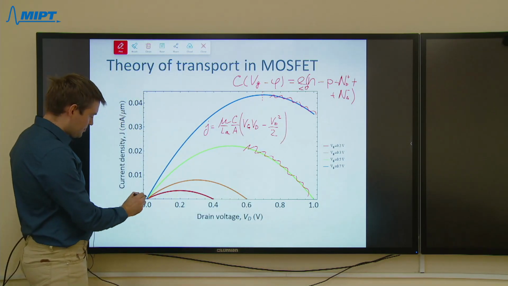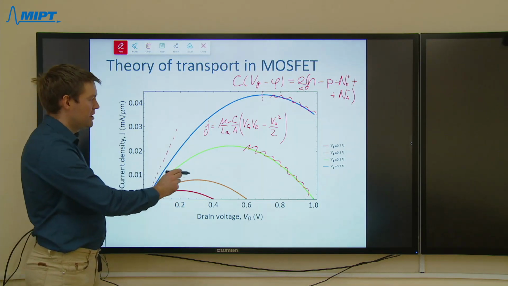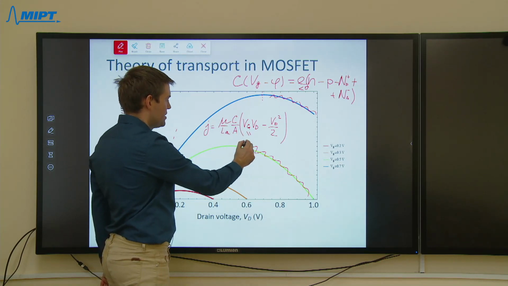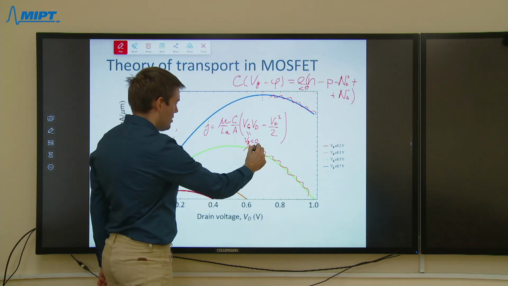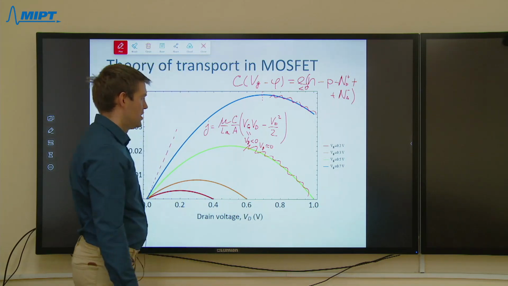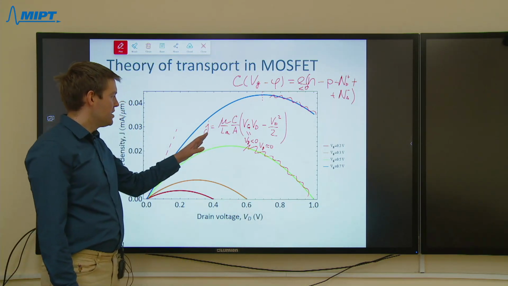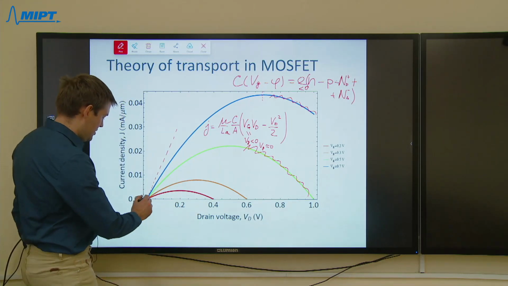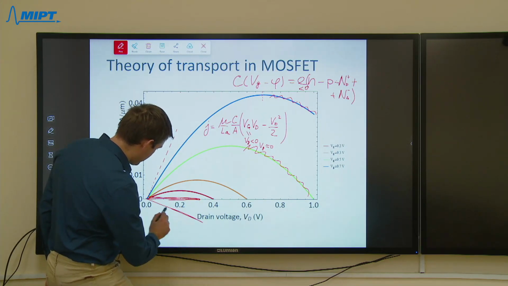Already at its initial part, where the curve is roughly linear, what happens when gate voltage turns negative? Let us consider the situation with negative gate voltages or the situation with roughly zero gate voltage. Then the theory predicts that the conductivity of our transistor would become negative or zero. So the IV curve would look like that or that.